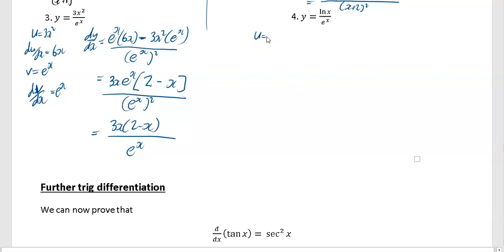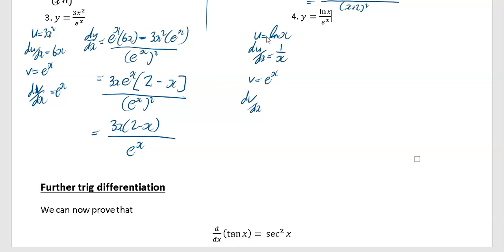Okay, example 4, your u is equal to ln of x. That means your du by dx is equal to, differentiate ln of x, remember you get 1 over x. Your v is equal to e to the x, so your dv by dx is also equal to e to the x. So your dy by dx, remember this is v du by dx minus u dv by dx, all divided by v squared.